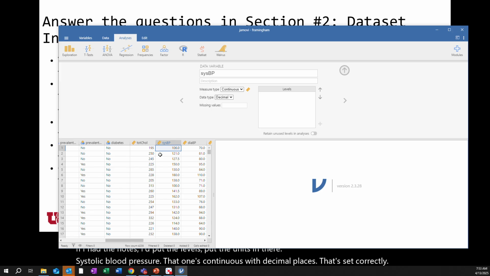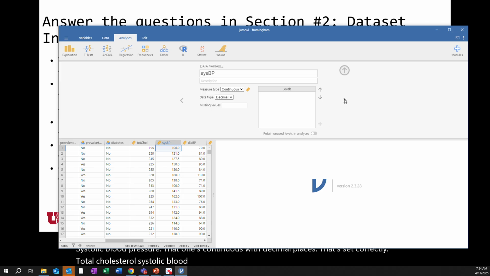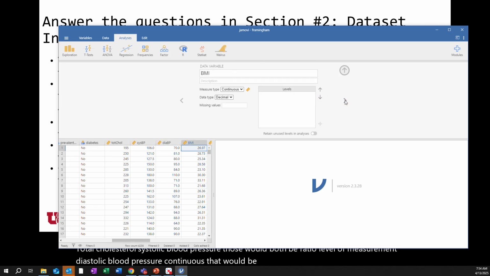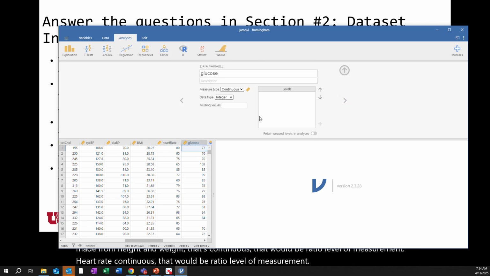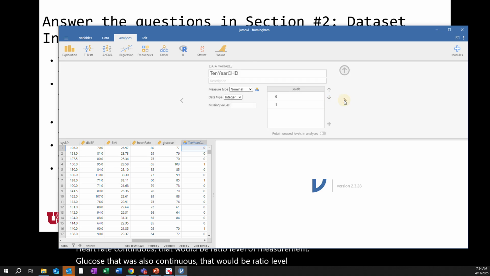Total cholesterol, systolic blood pressure, those would both be ratio level of measurement. Diastolic blood pressure, continuous, ratio level of measurement. BMI, made from height and weight, continuous, ratio level of measurement. Heart rate, continuous, ratio level of measurement. Glucose, also continuous, ratio level of measurement.